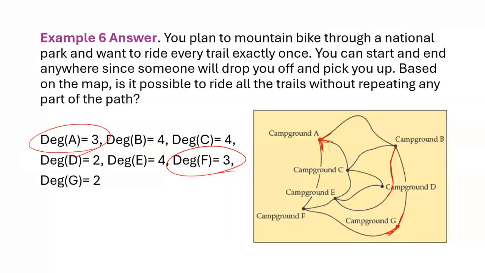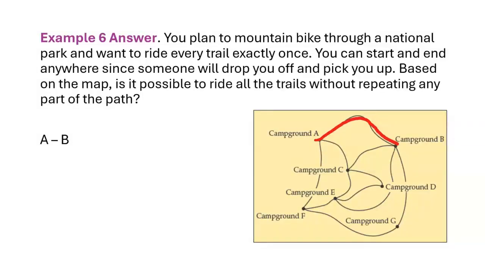And so now that I checked that it is possible, remember, I'm going to use the odd ones to start and end. So it doesn't matter which one you pick.